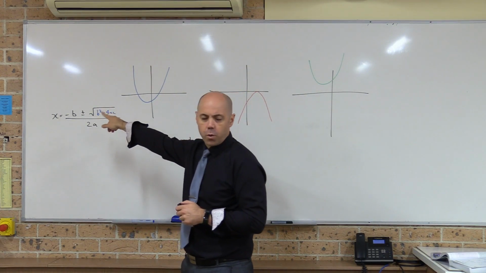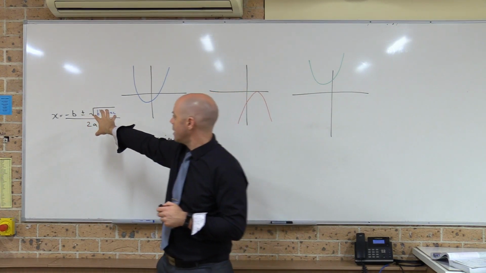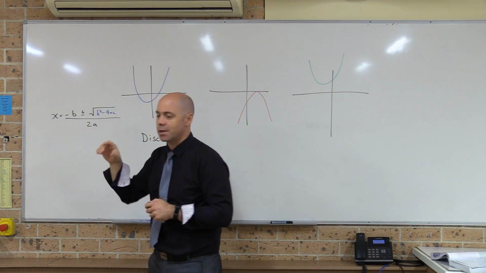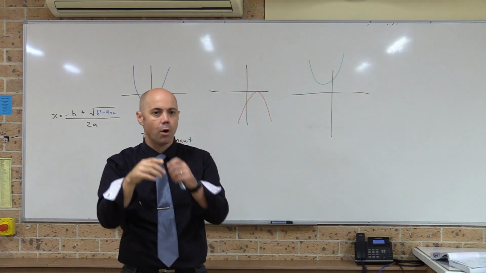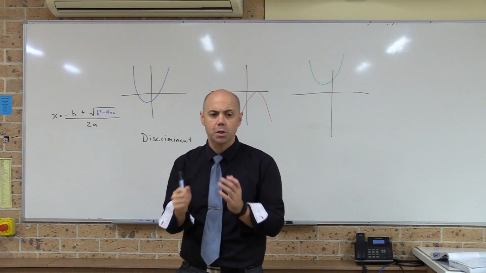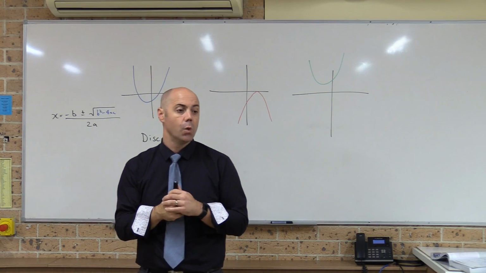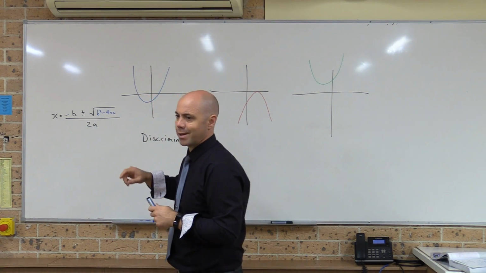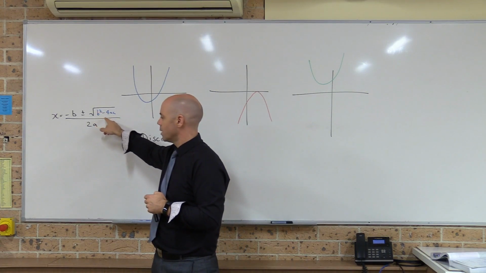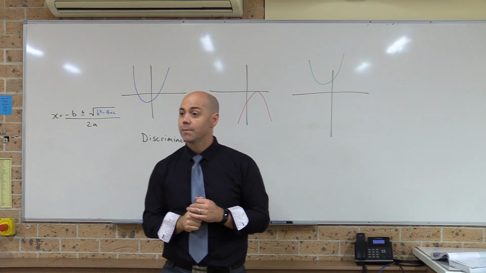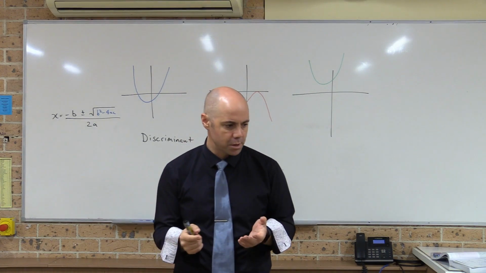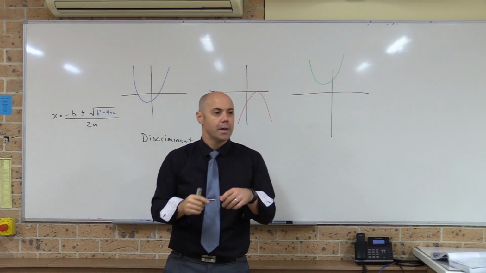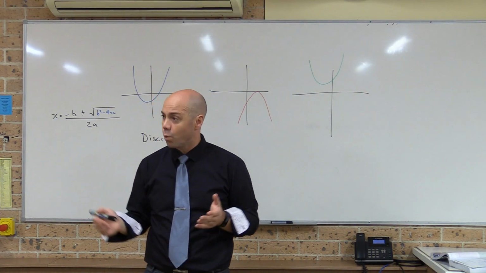Now, looking at that quadratic formula, as part of it we have this bit here, which is the square root of b squared minus 4ac. Now, what do we know about square roots when we're working in the real number system? What can't be square rooted? Negatives. Okay, so in the real number system, we cannot have anything inside that square root that is going to be negative, otherwise it does not work.